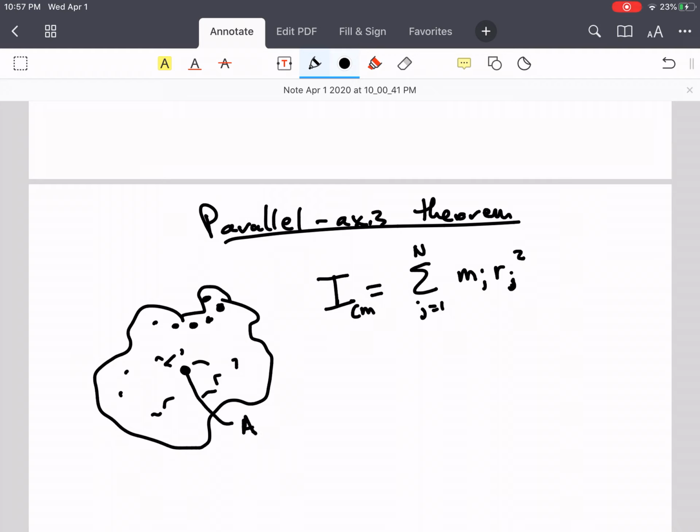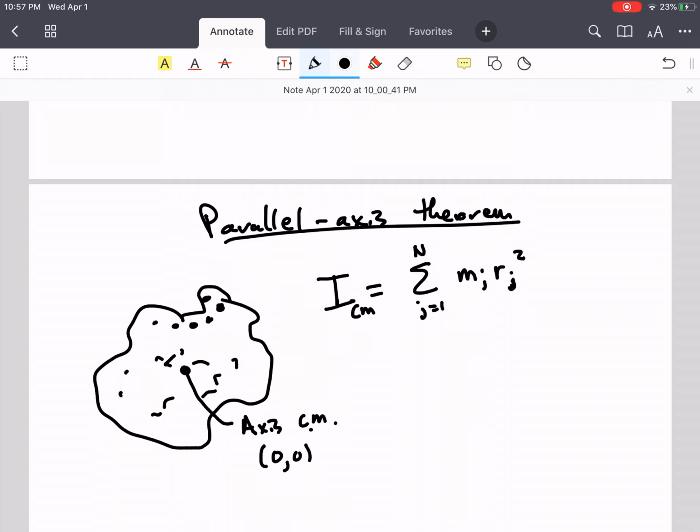So my axis is going to start out through the center of mass. Furthermore, since it doesn't really matter, I can cheat a little and make my center of mass simply be the coordinate 0, 0 within the xy plane. I'm allowed to do that because I could just redefine my coordinate system.